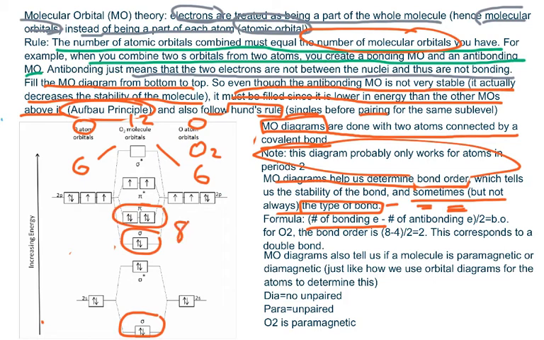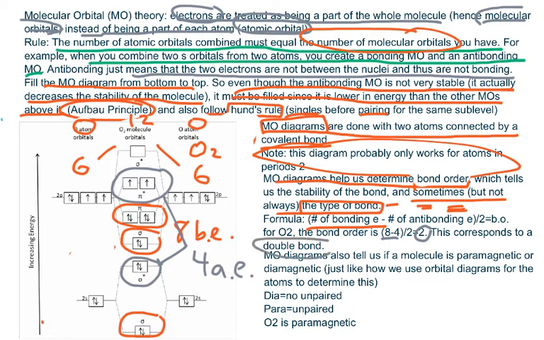So we have 8 bonding electrons. And how many antibonding electrons? Well, there's 2 and another 2, so there are 4 antibonding electrons in the O2 molecule, and you do 8 minus 4, and then you divide all that by 2, and you get a bond order of 2. And this corresponds to a double bond. Note that this doesn't always work, but for this case, the bond order of 2 indicates a double bond.